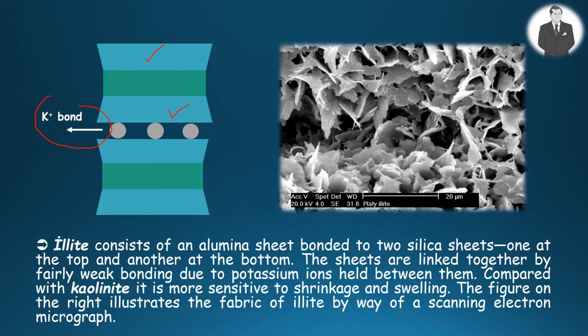Compared with kaolinite, illite is more sensitive to shrinkage and swelling, and the figure here illustrates the fabric of illite by way of a scanning electron micrograph.